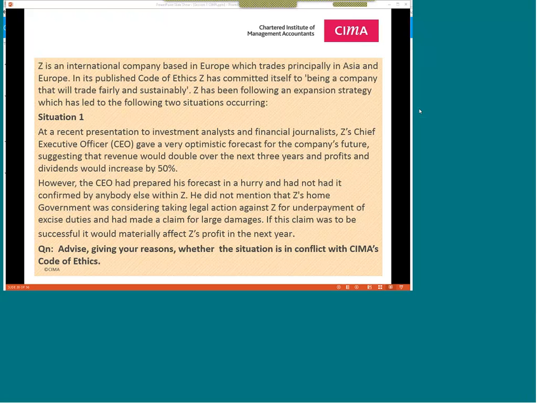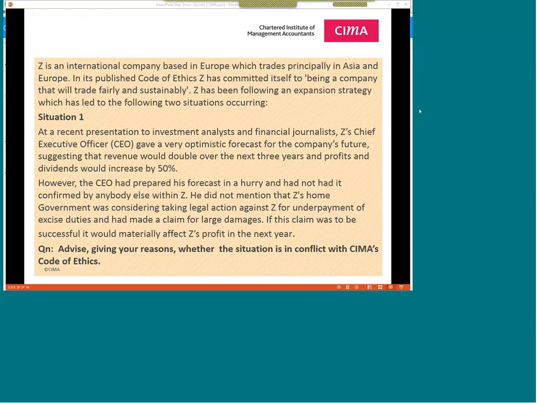It's more that he prepared in a hurry rather than him not being objective in that sense. So it depends how you would argue it. Then I will say integrity, yes. If the bonus is based on profit, then he's not objective in that sense. In that sense it could be, but it's more misleading as well. So integrity is the main one.